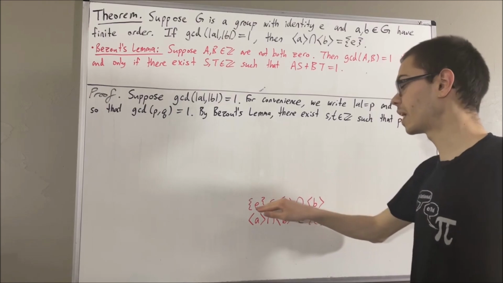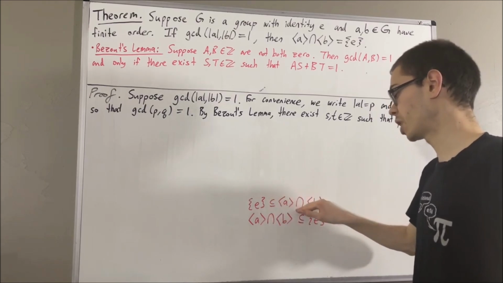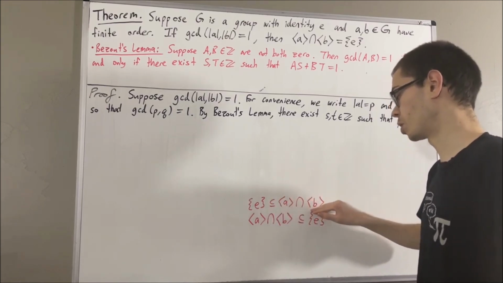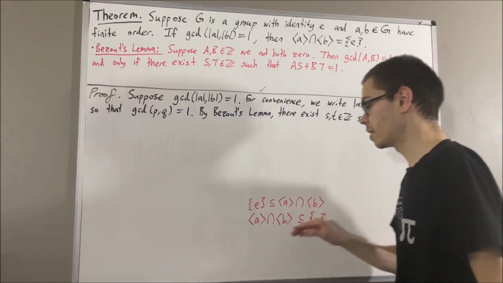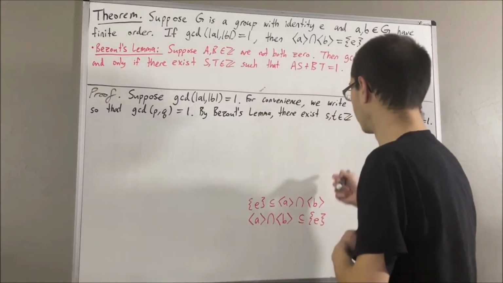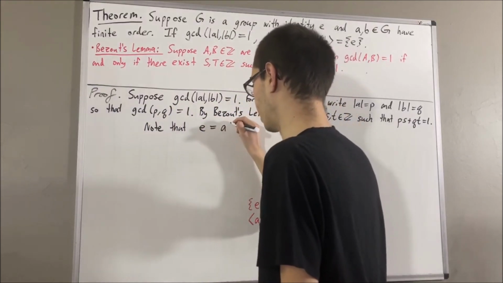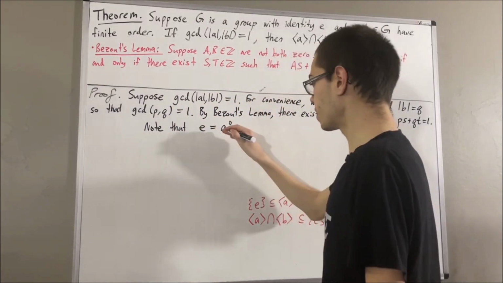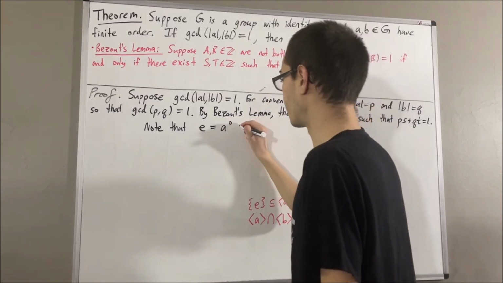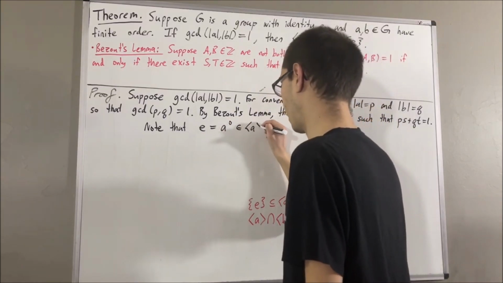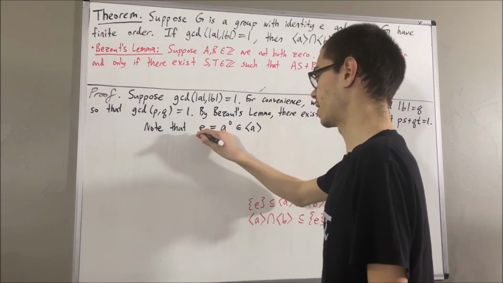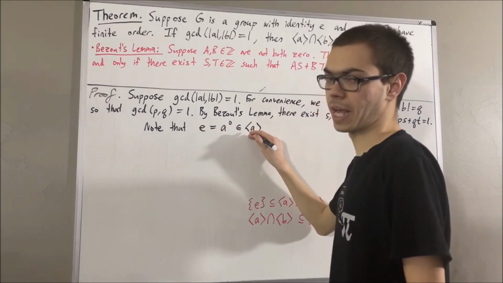So we're trying to show that the identity element belongs to the intersection of the group generated by a and the group generated by b. And to see how that happens, notice the identity element is equal to a to the power of 0. So this is a to the power of some integer, so it must be an element of the group generated by a.